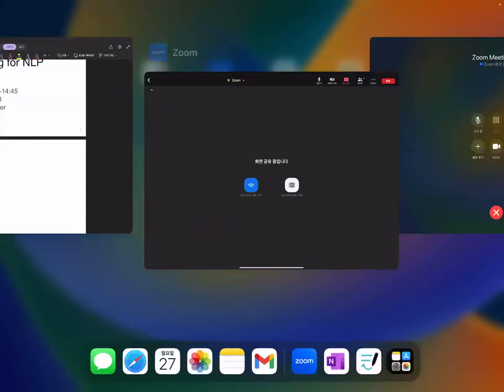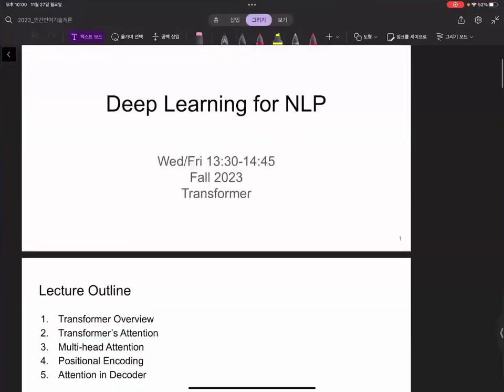Hello, this is a class of deep learning for NLP, and today we are going to study the transformer, which is the most widely used network architecture for modern AI nowadays.